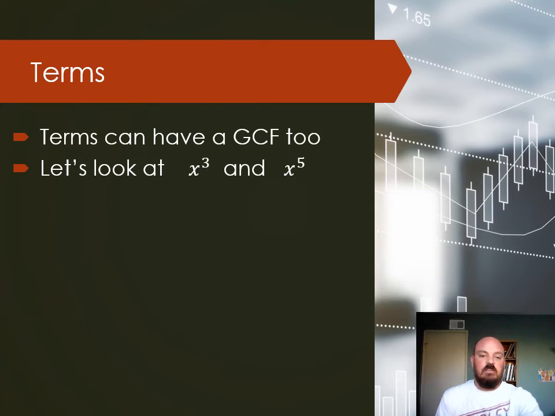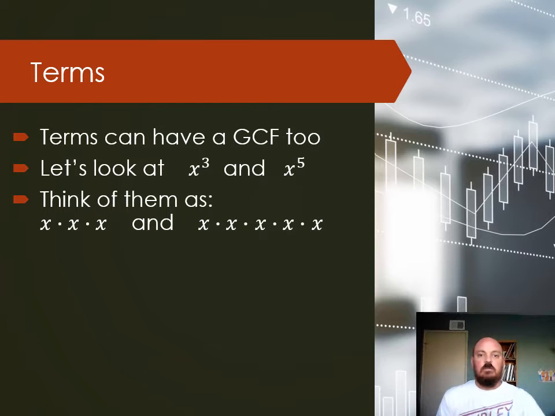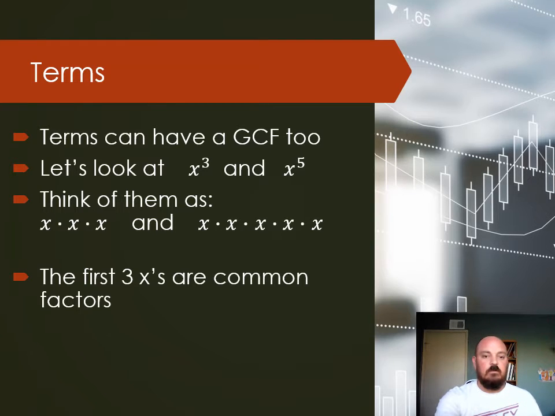Well, a good way to think of it is to expand it, using what we know about exponents. So instead of x to the third power, think of it as x times x times x, 3 x's. And instead of x to the fifth power, x times x times x times x times x, 5 x's. Now if you think about it that way, what you can see is that the common term is the 3 x's.